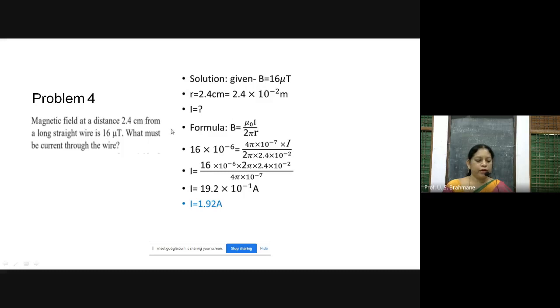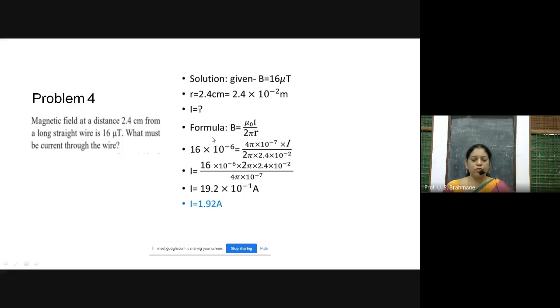Magnetic field at a long straight wire, again it is a long straight wire. So B is equal to 16 micro Tesla and R is equal to 2.4 centimeter. This is in centimeter, so in SI unit, we convert it into meter with the conversion factor. So 2.4 into 10 raised to minus 2 meter. So I is the question, you have to find out I.